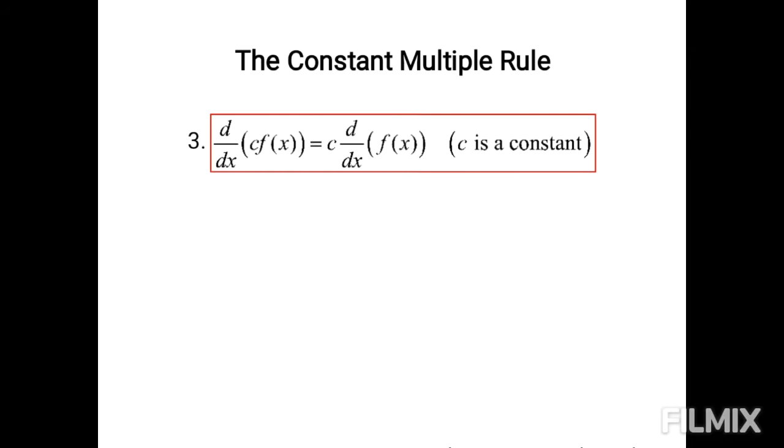In other words, when we get the derivative of a constant times the function, it will equal the constant c times the derivative of the given function, if the derivative exists.